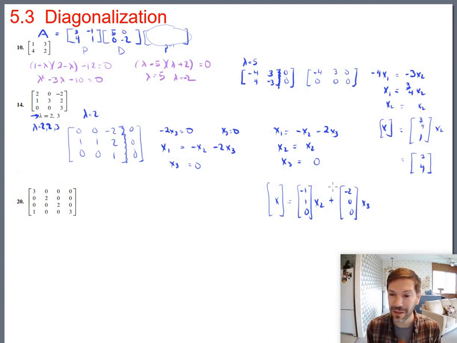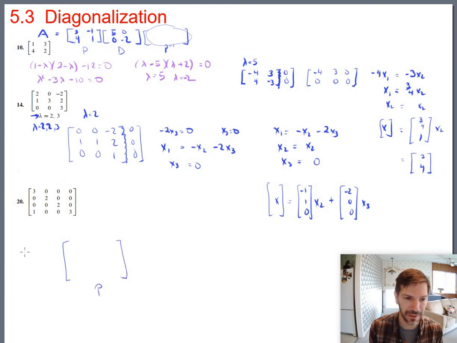But that does mean that there are 2 eigenvectors for it. So when we're building our PDP inverse, let me put it down here. This is still for number 14. Our P, D, P inverse, which we're not going to bother to calculate.